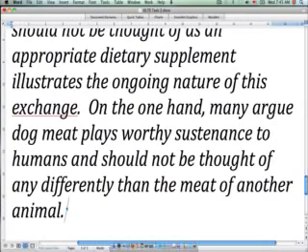If the word sustenance is a new word for you, it would just be kind of like nourishment or a food that sustains a person.